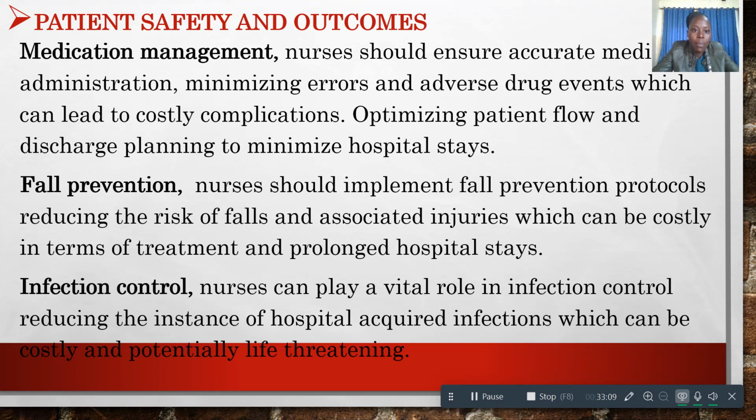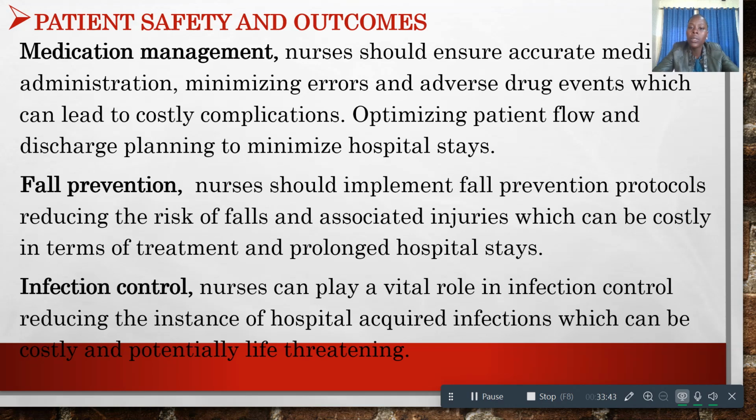Next, still under patient safety, we have fall prevention. Nurses should implement fall prevention protocols, reducing the risk of falls and associated injuries, which can be costly in terms of treatment and prolonged hospital stays. If you have noticed a patient at risk of falls, for example epileptic patients, make sure you implement the fall prevention protocols.